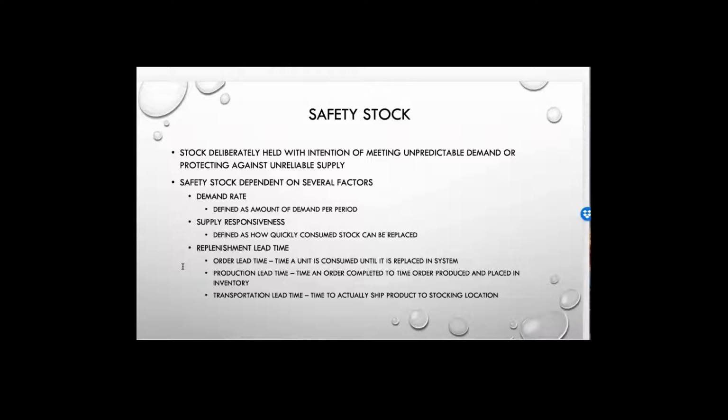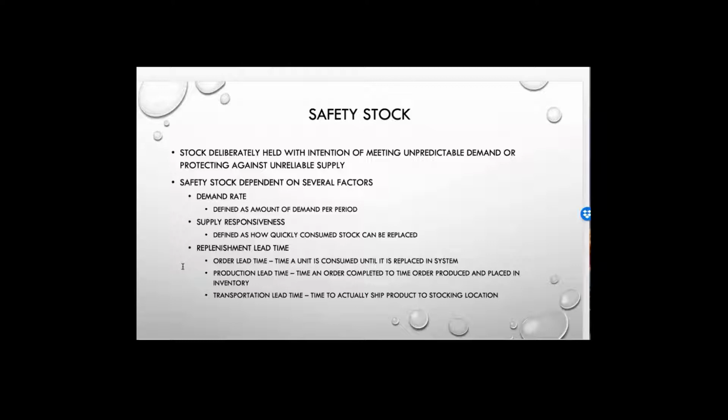Because when you have high variation and the variation changes frequently within your demand, the order lead time may also change. When in a supply chain system you have a set order size, if you end up changing the order size, the lead time to fulfill that order may change also.